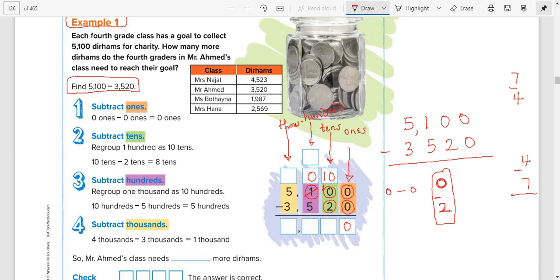Okay? Now let's complete the boxes. Now we have 10 in the tens place. We have 10 minus 2. So we can easily do 10 minus 2 now. 10 minus 2 is going to give you 8. So I have 8.